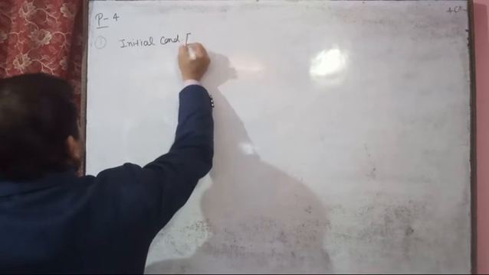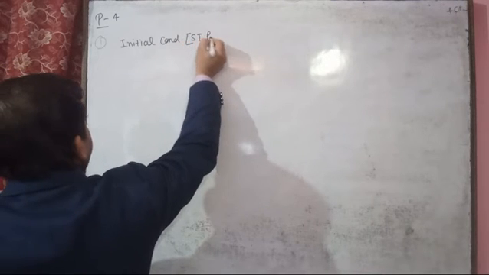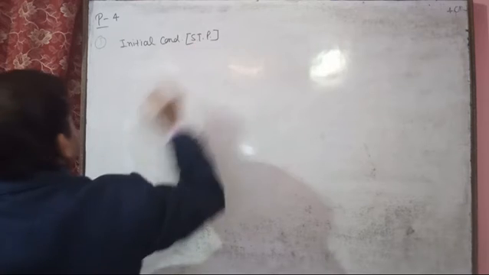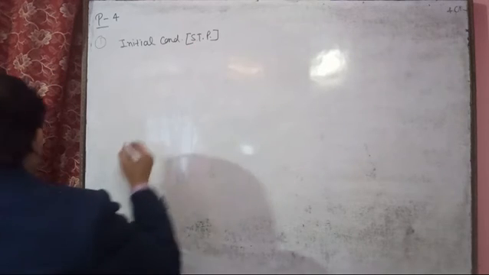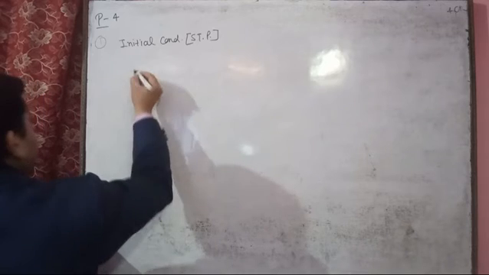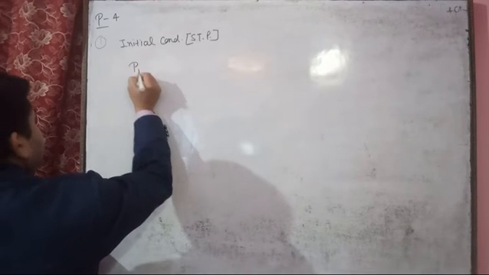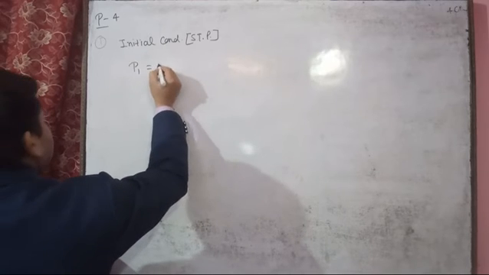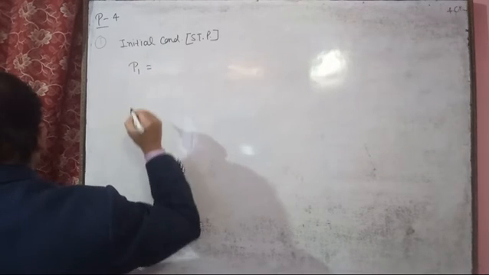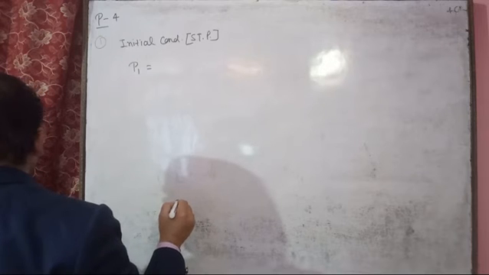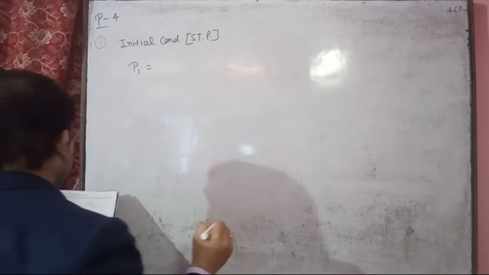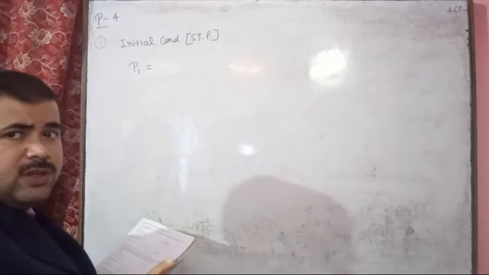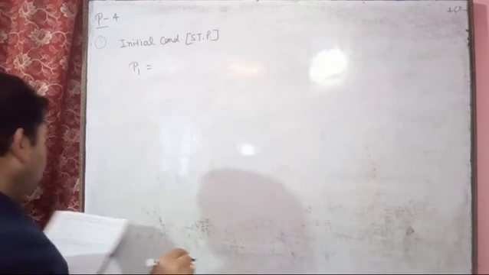This is example number one, initial condition at STP, standard temperature and pressure. Here in the STP condition, pressure P1 we will take as 1 atmosphere. But the second pressure is given in mm, so units should be the same for both.